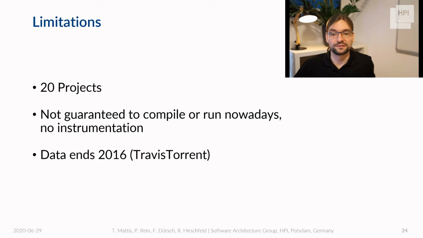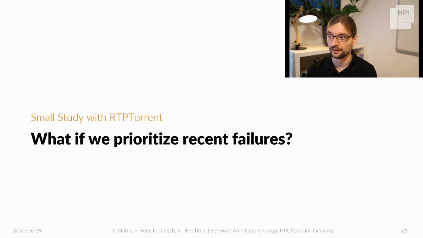The missing dependencies are very difficult to set up. So everything relying on dynamic execution or instrumentation of the projects will probably be difficult to reproduce using our dataset. Also, the data ends in 2016, which is a limitation of the underlying regression dataset, which we used as an entry point. So there's not much we can do about that.